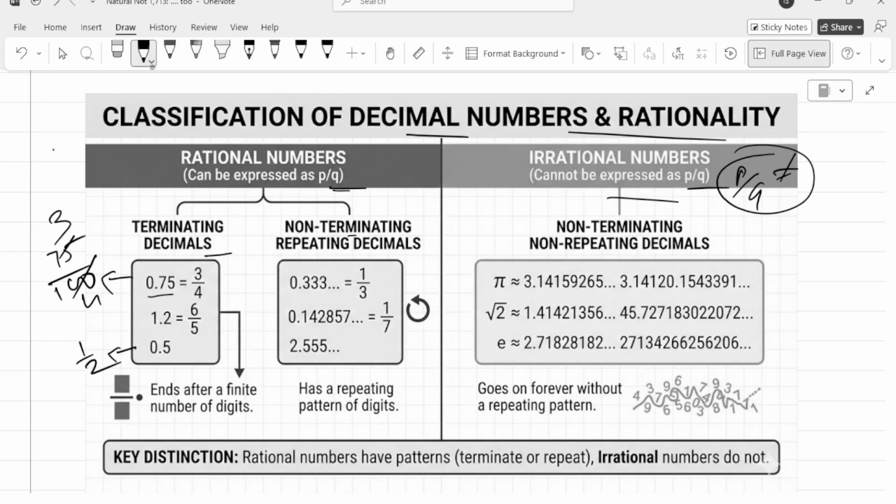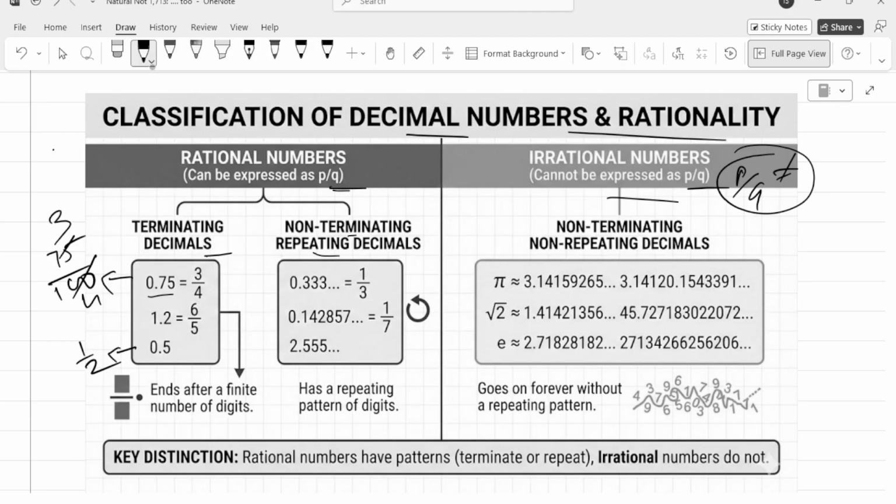Non-terminating decimal means it is continuously divisible, it never stops, it continuously goes on. For example, we can express 1 by 3, 0.333333, the 3 continuously comes, that we call a non-terminating number. And what is a repeating number?